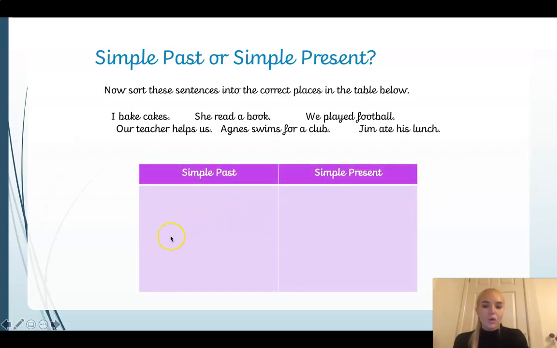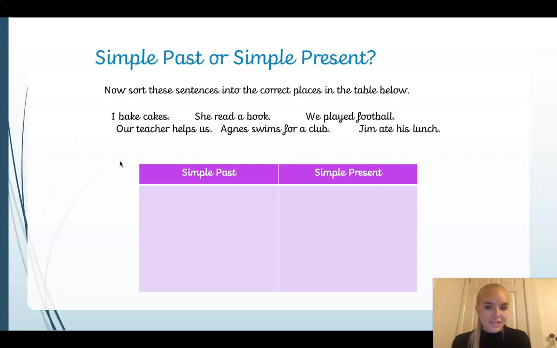So we have got a table with one column that is a simple past sentence, remembering that past is what's happened previously. And the other column is full of simple present tenses, so those sentences that are happening now. Have a look at the following sentences, please. Read them out loud and think, is that simple past tense or simple present tense?